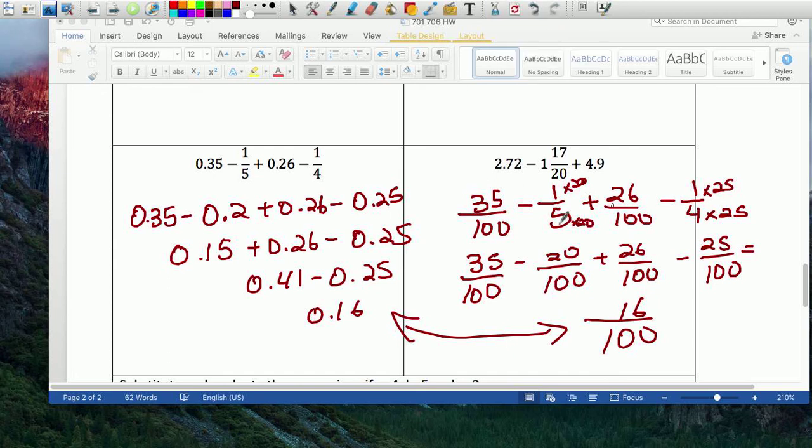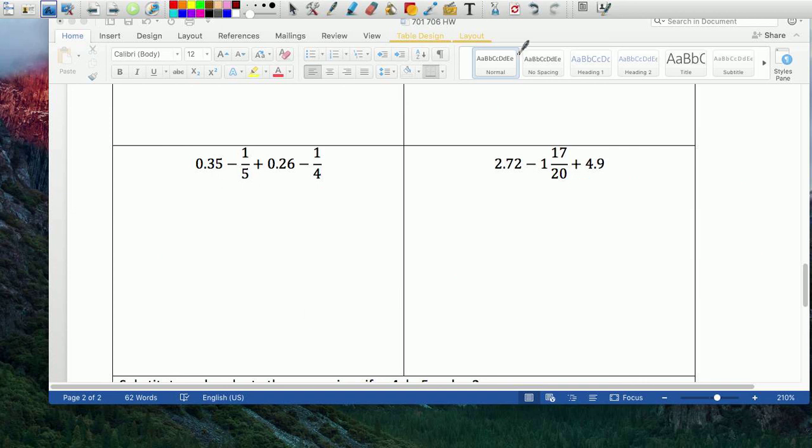Let's do the second part here. This one, would I change to a decimal? You can, or we can leave it as a fraction, but since we're dealing with fractions, let's change it to fractions. So 2.72 is two whole numbers, right? 2 as a whole number. 72, the last digit's in the hundredths, so you're going to have a fraction over 100, and it's going to be 72 over 100.